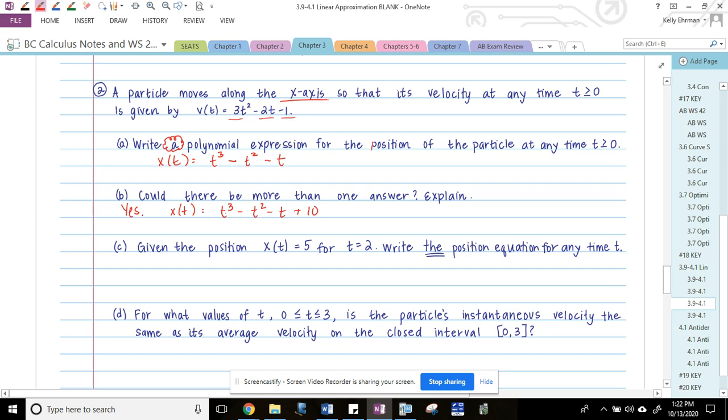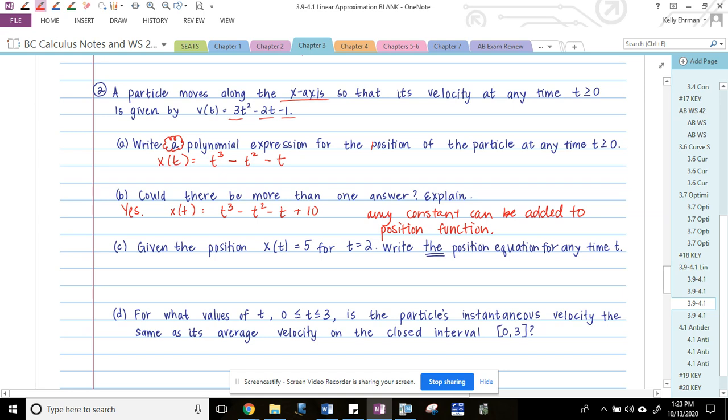When I take the derivative of this function, I still get the velocity equation because the derivative of 10 or any constant that I add or subtract here is 0. So it's not going to show up in that velocity equation. So my explanation is any constant can be added to the position function, and we would still get that same velocity when we took the derivative.